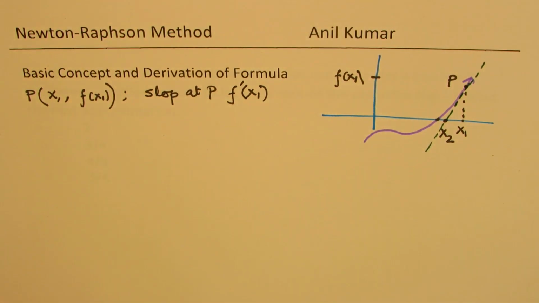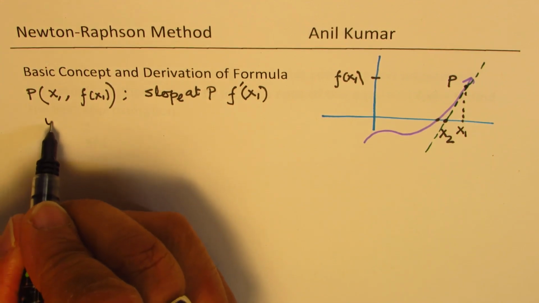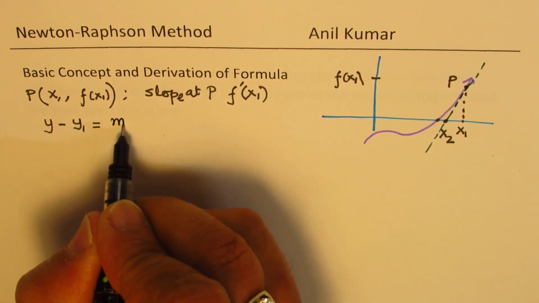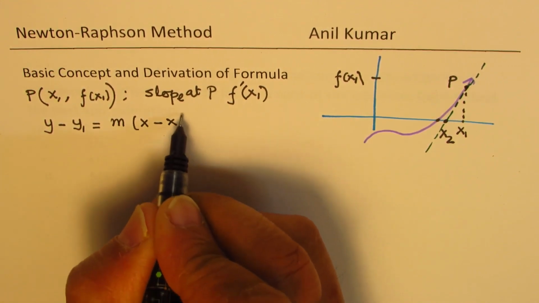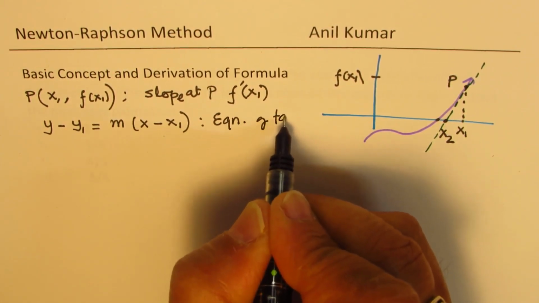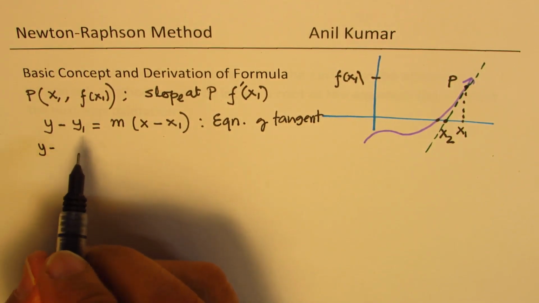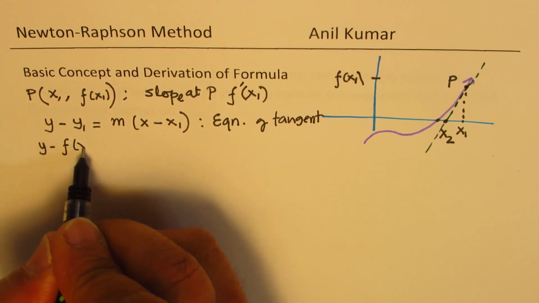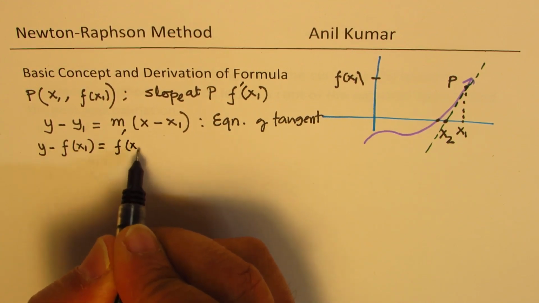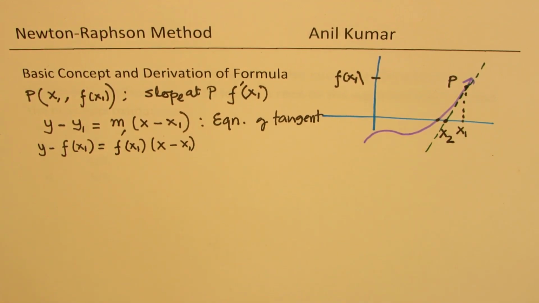So that gives us the slope, correct? Using slope and a point, we can actually find the equation of the tangent line. So y minus y1 equals slope m times x minus x1, right? So we're trying to find the equation of the tangent line. In our case, it is y minus y1, which is the value of the function at x1. The slope is the derivative at x1. x minus x1 is the first point which we have started with.